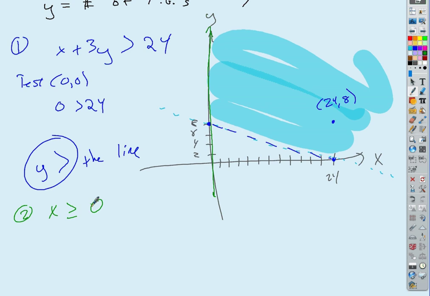We already know that the blue inequality gives us everything above the blue boundary line. But then I also need to include the x-axis as my other boundary so I don't keep going into quadrant 4, right? So here's my other boundary line. What's that? y is greater than or equal to 0.